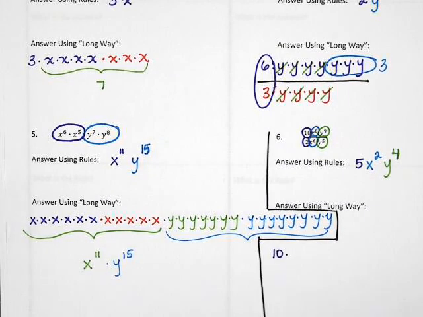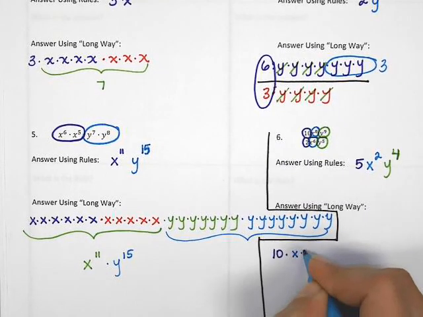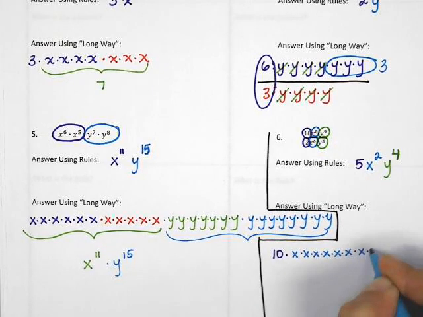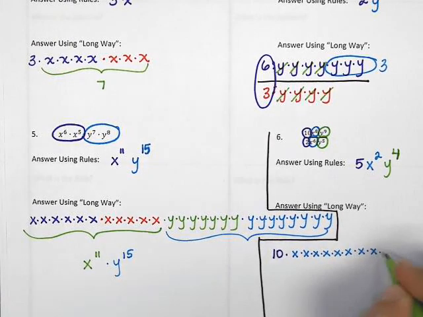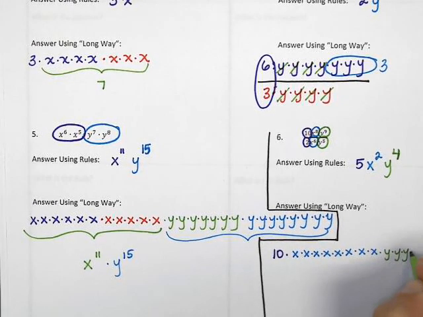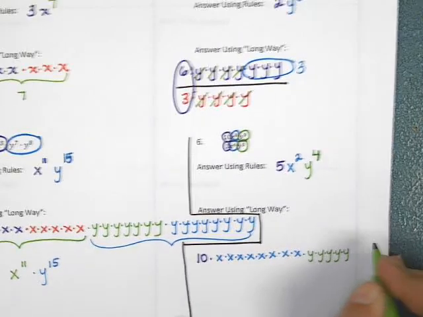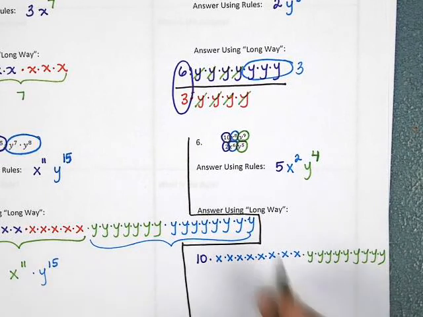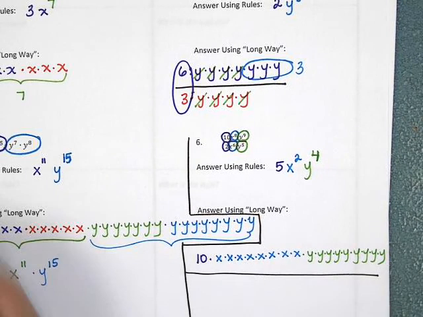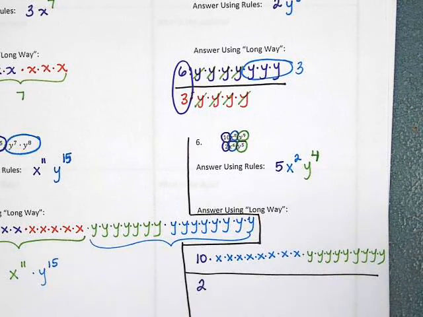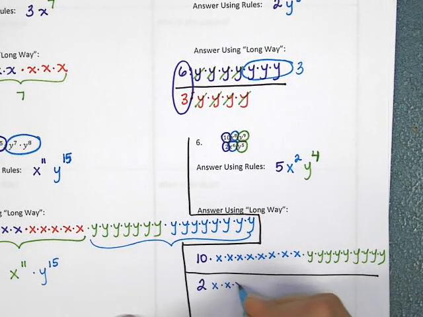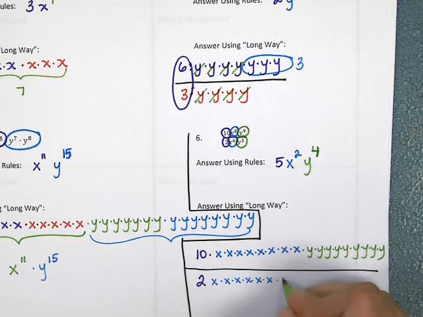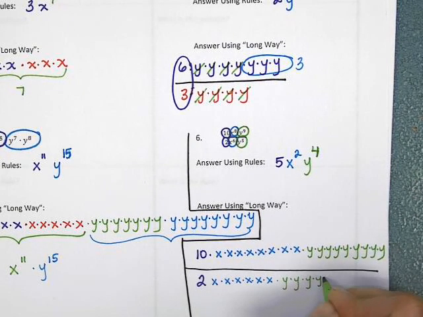10 times 1, 2, 3, 4, 5, 6, 7, 8 x's times 1, 2, 3, 4, 5, 6, 7, 8, 9 y's divided by 2 times 6 copies of x, 4, 5, 6, and 5 copies of y, 1, 2, 3, 4, 5.